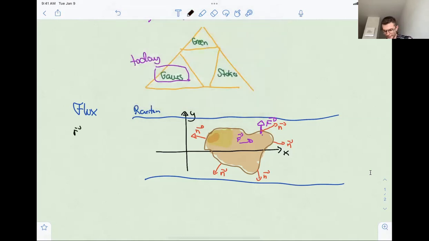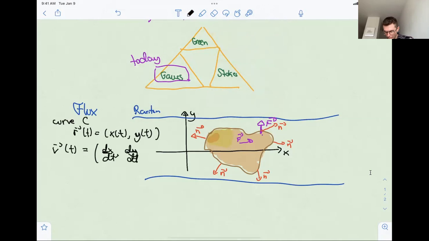So if you thought of the curve as being given as x of t, y of t, this is the curve. Then the velocity vector was dx/dt, dy/dt, and the normal vector, which I should capitalize, was dy/dt, -dx/dt.